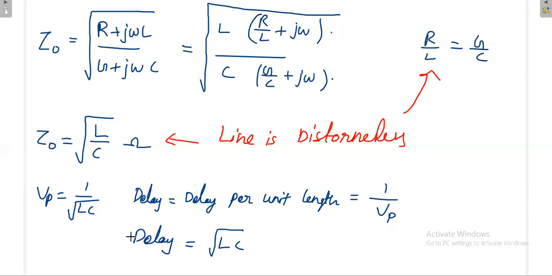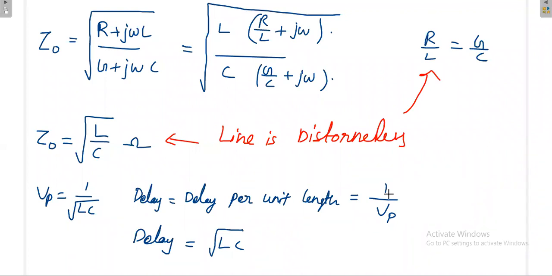Can anybody tell me what is the unit of this delay? Either it is seconds or something else. Seconds? I am clearly telling you the unit of Vp. Vp means meter per second.